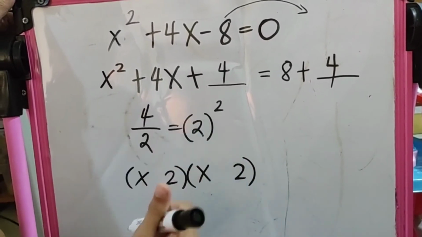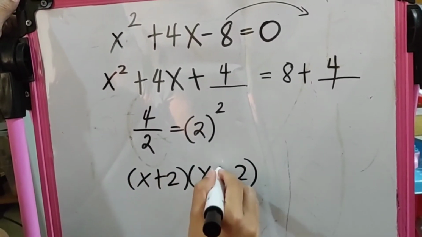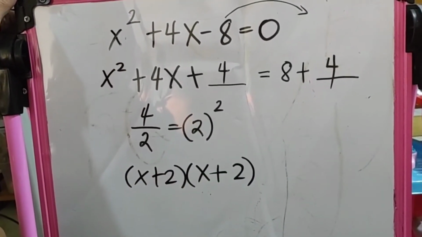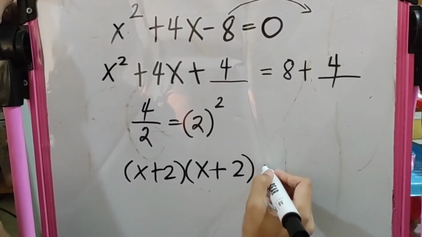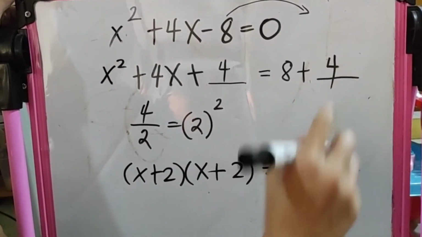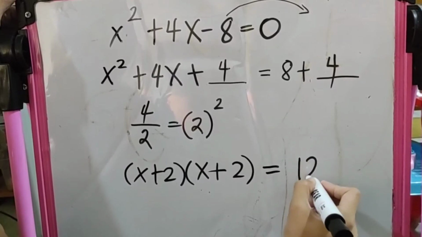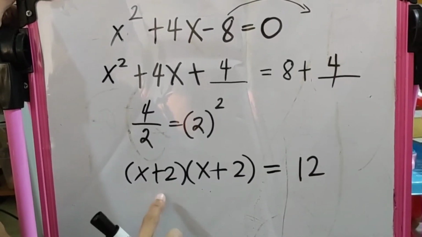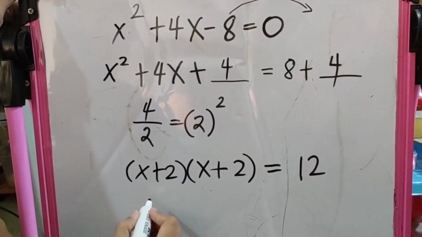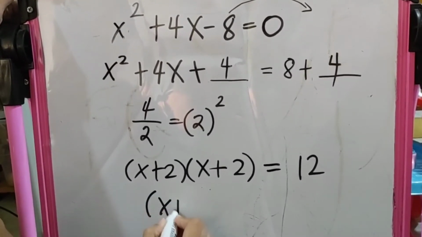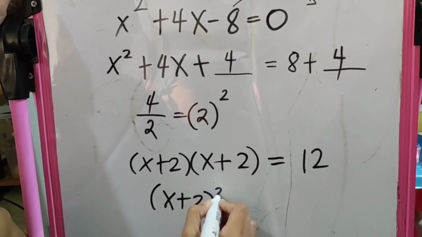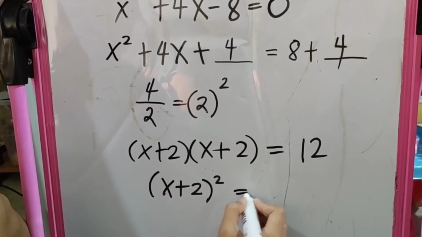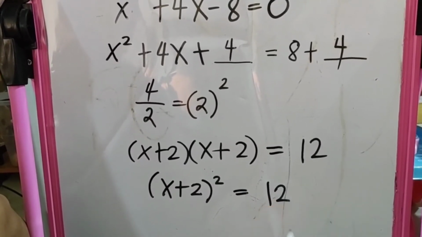Since this is plus, this is positive 2 equals 8 plus 4 is 12. So let's simplify this. We have x plus 2 squared is equal to positive 12.